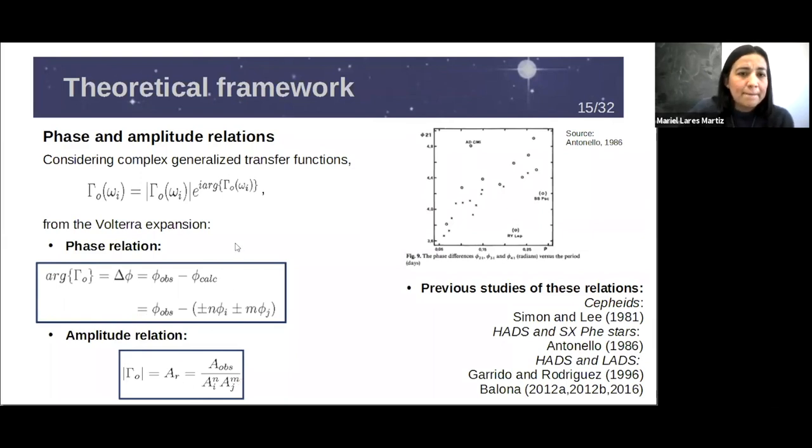So as I said, the gamma functions account for the nonlinear processes happening within the star. So if we were able to find a set of stars showing the same nonlinear processes within them, we expect these gamma functions to be similar, as they represent the same processes.